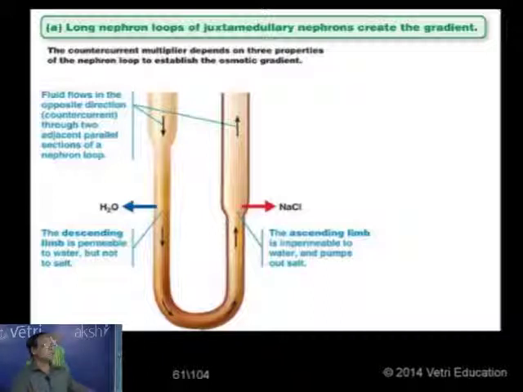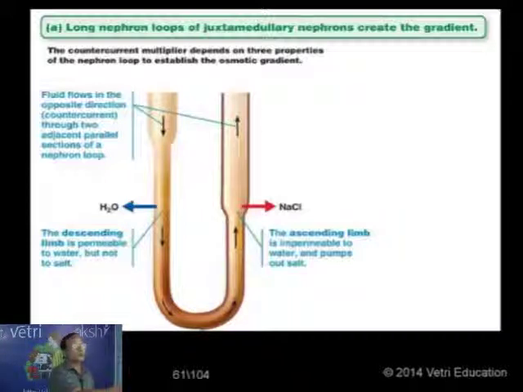So the descending limb is permeable to water but not to salt, as I said earlier. And similarly, the ascending limb is normally impermeable to water. There is no movement of water from the filtrate into the blood there. Here there is a movement of water into the blood from the filtrate.